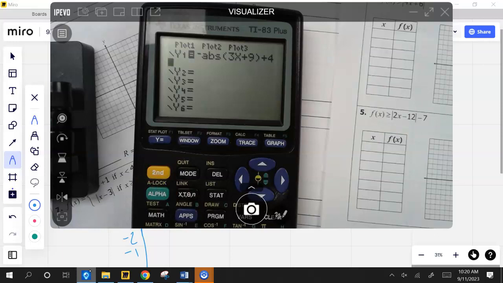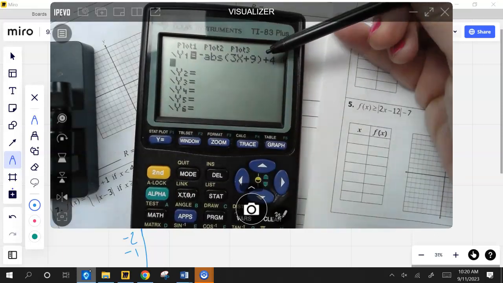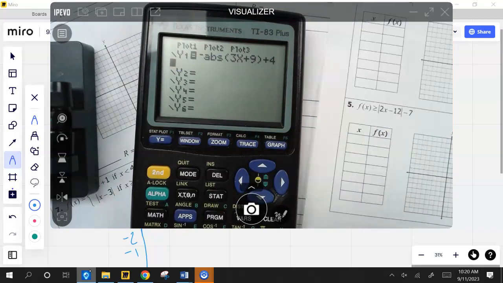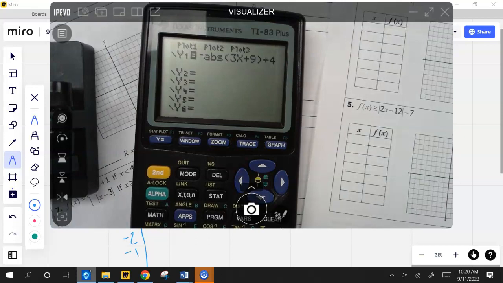Second graph. Once I get the absolute, what do I do? All right, so just make sure you close off this. Oh, hit enter. I'm sorry. Yeah. Yes.